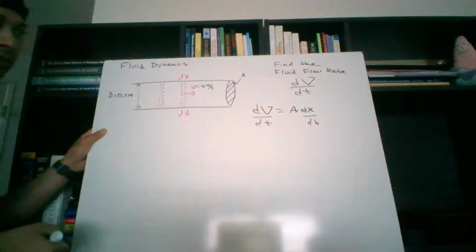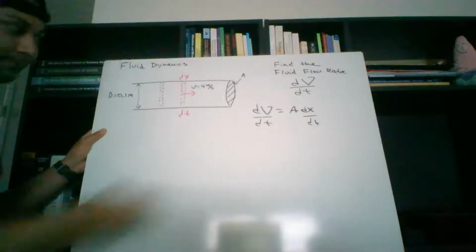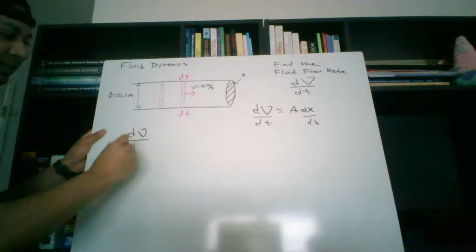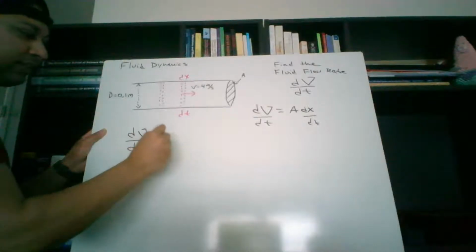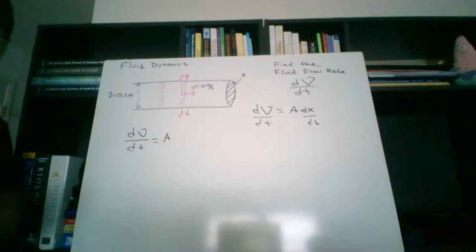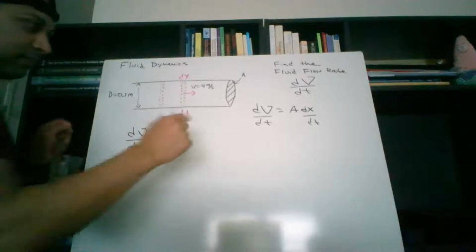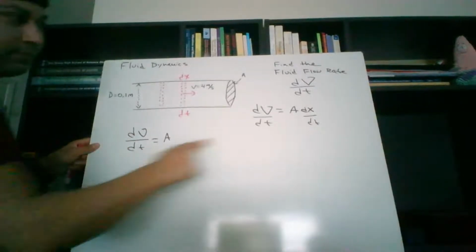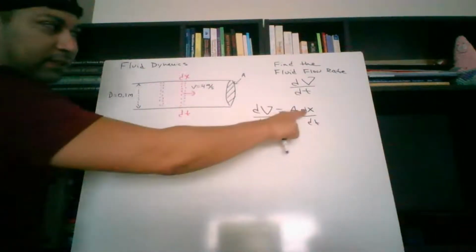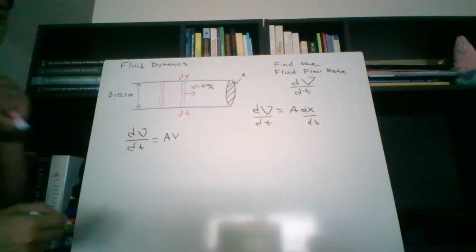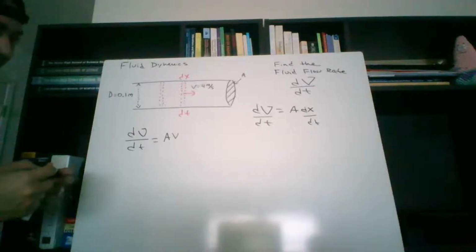Now from here, you get the idea of what's happening. dV/dt, the volume over time, is going to equal the area times dx over dt, which is just the velocity v.